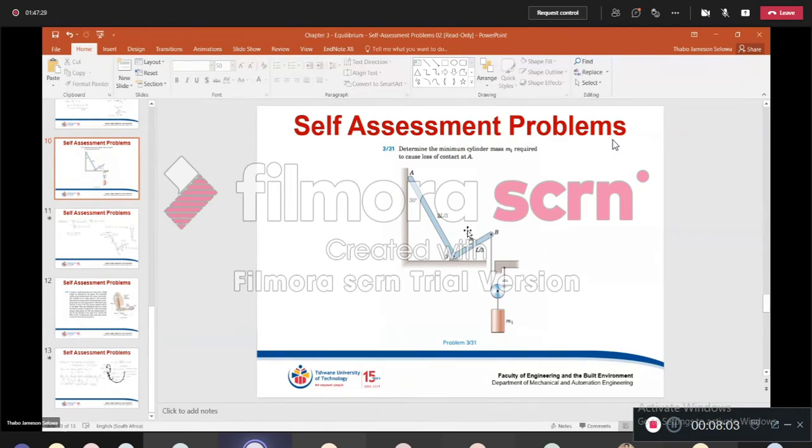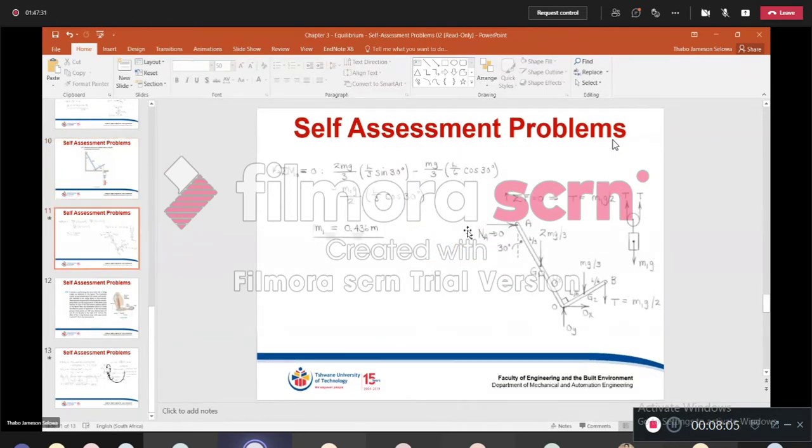It's just that they didn't mention it there. But on the mg, they've just removed the L and put mg.